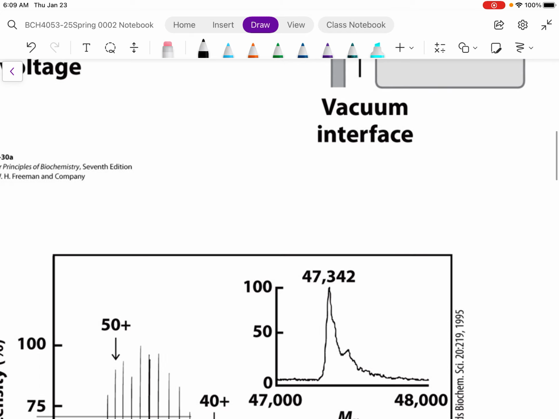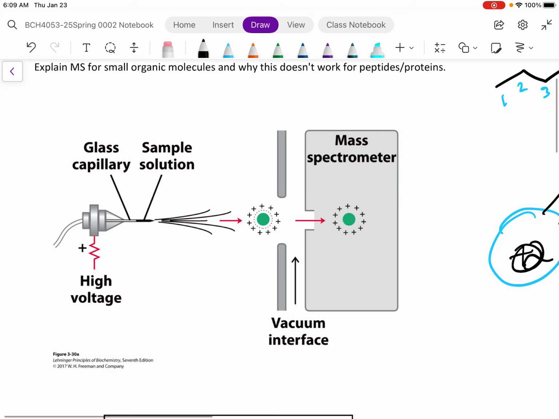Now, if you come back here to this slide right here, I'm no analytical chemist and I don't design these instruments, but it's amazing that there's smart people out there that know how to do these types of things. But what it is, it's the electrospray. So you see here you have high voltage right there, and your protein is dissolved in a solution.